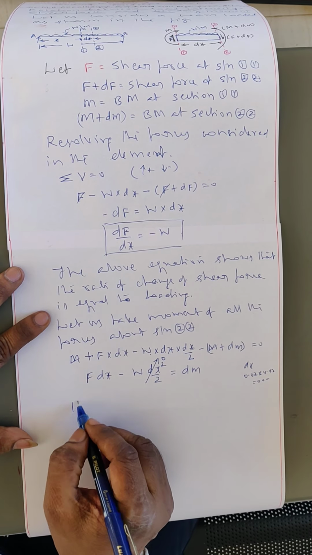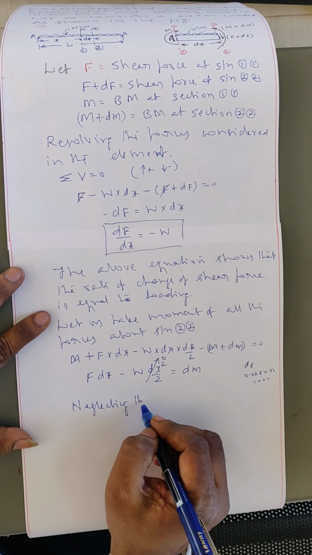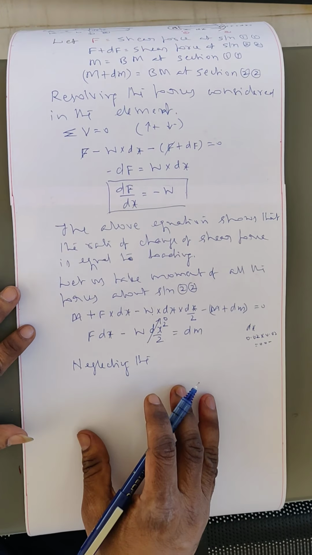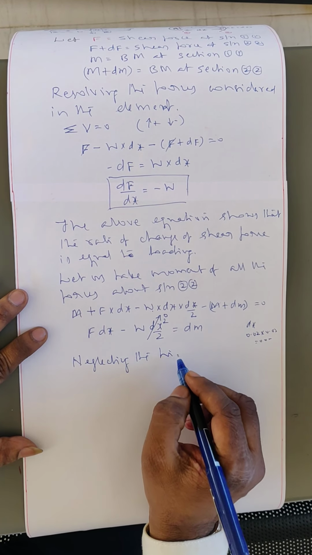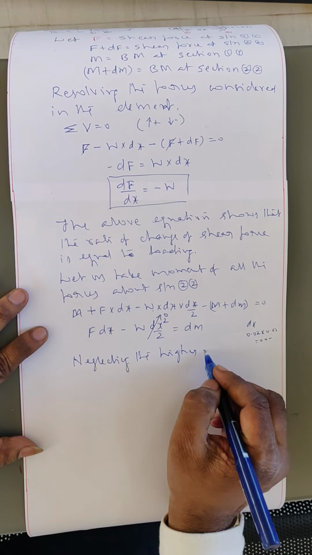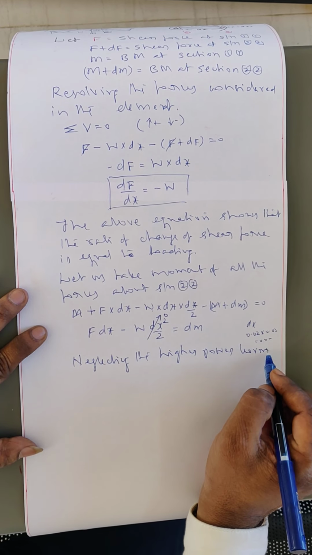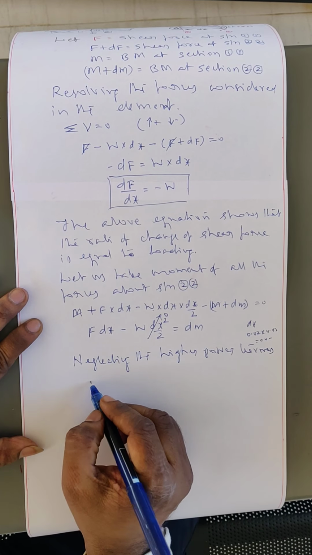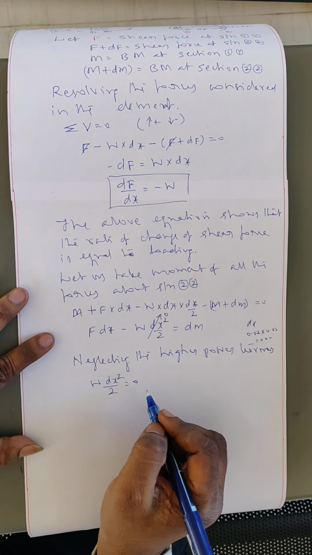Neglecting the higher power terms, that is w into dx square by 2 equal to 0.